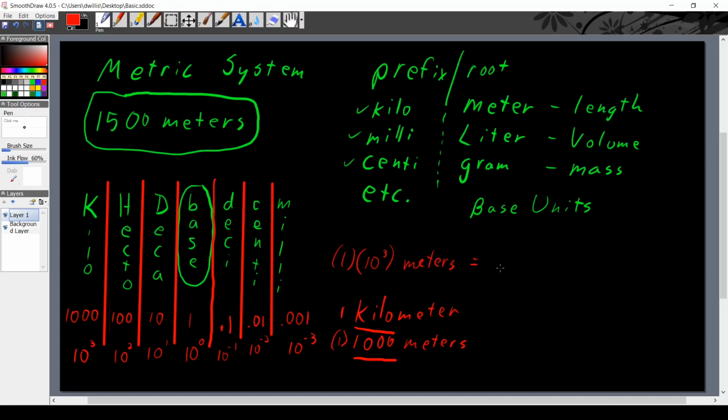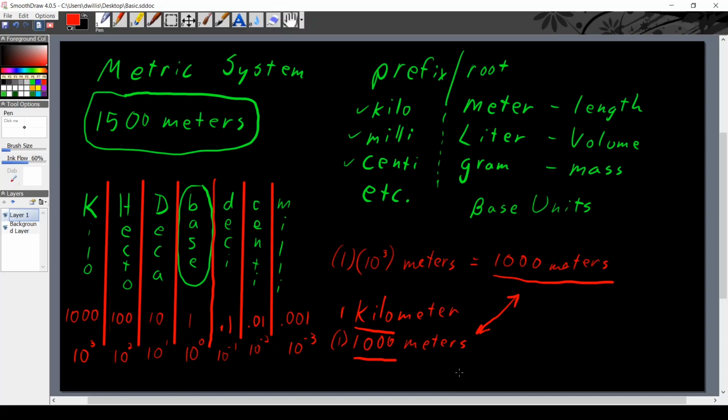And that, of course, would still equal the same 1,000 meters that I had down here. And so we can see that those are equivalent.